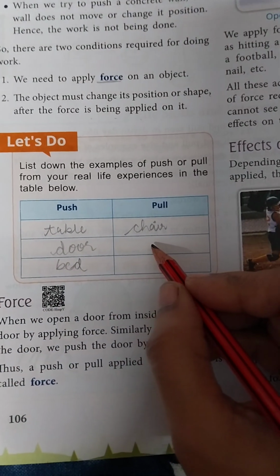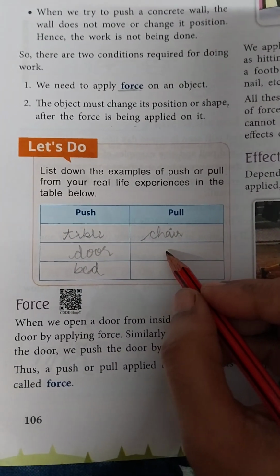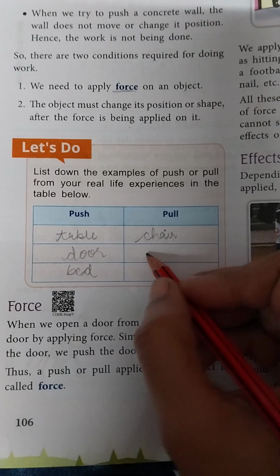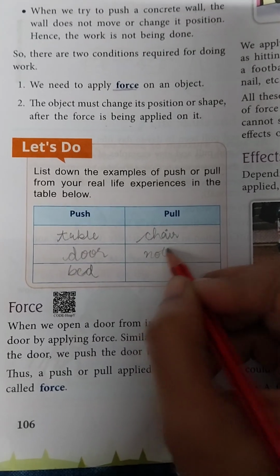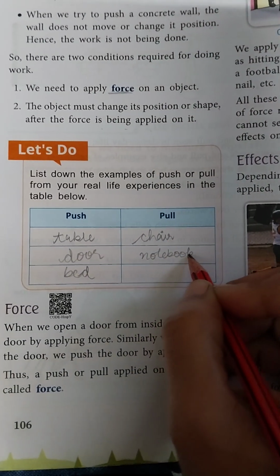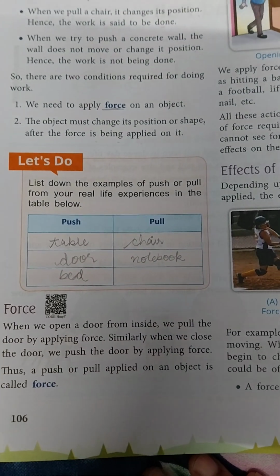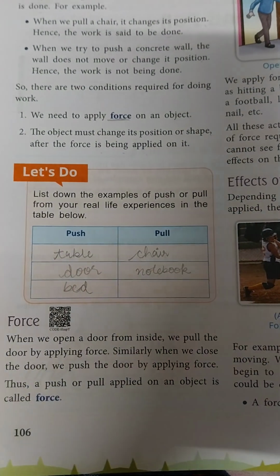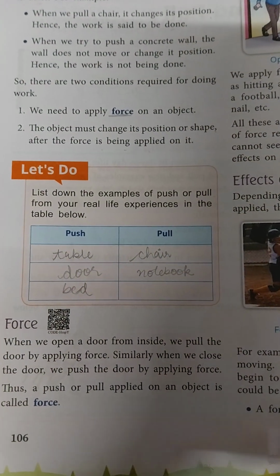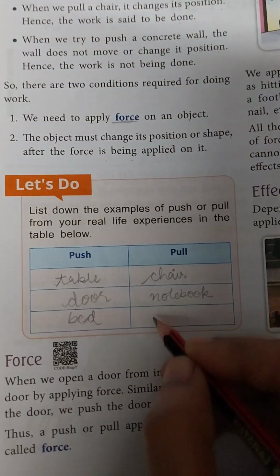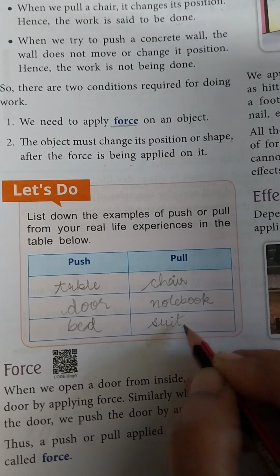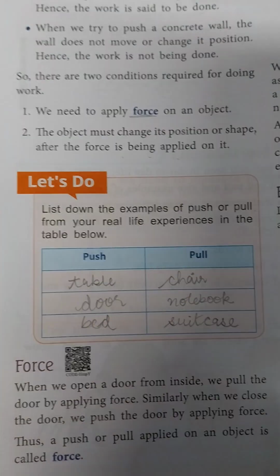What do we pull? We pull a bottle. Let us write a notebook from back. What else can we pull towards ourselves? Door. Door is done. Let's find something else. Suitcase. Okay. Let's move ahead.